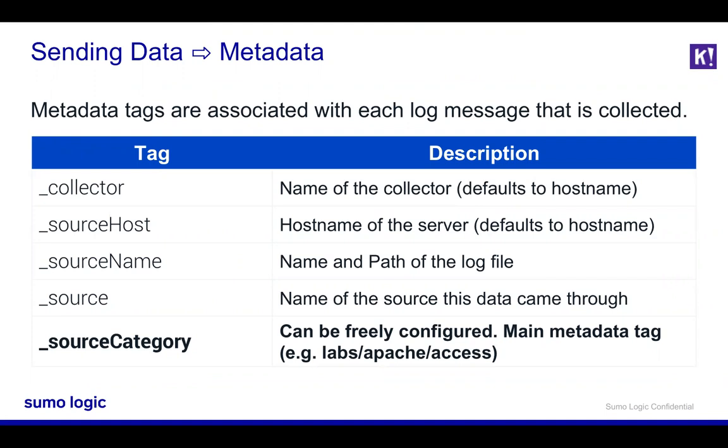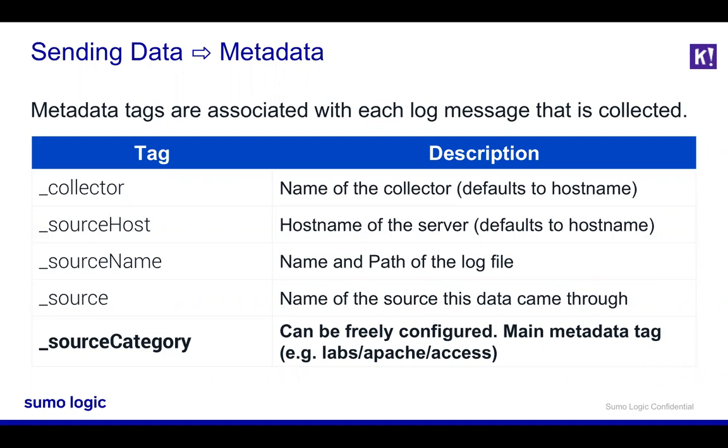So from the collector, it is pushed up to the SaaS solution, and the different tags we have are _collector, which is the name of the collector and defaults to the host name. Then we have _sourceHost, the host name of the server, which defaults to the host name also.